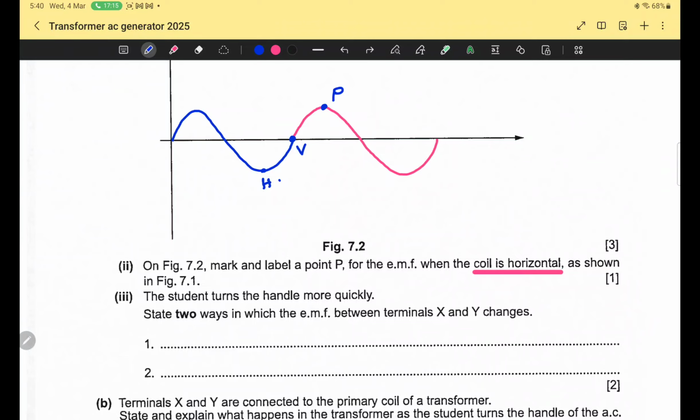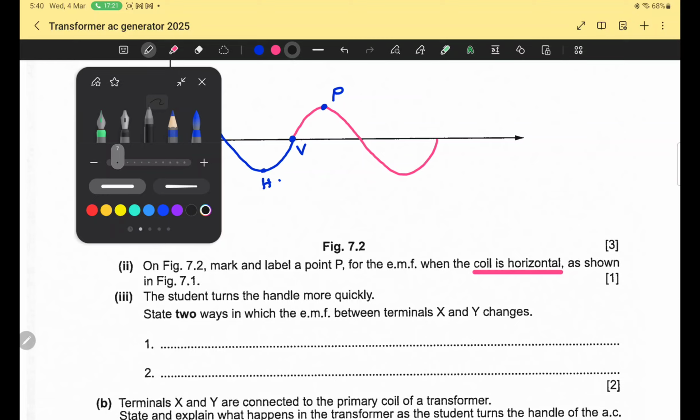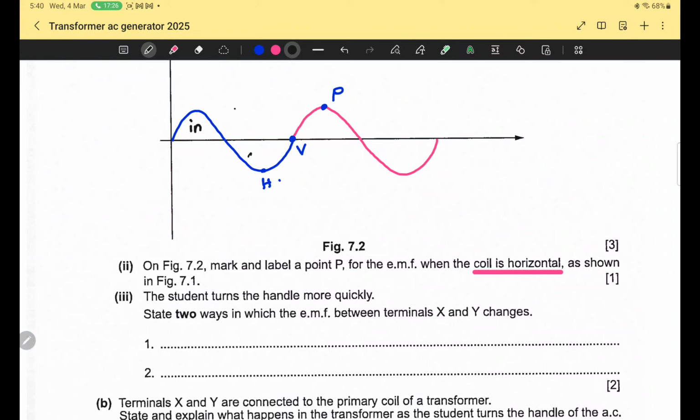When current is produced and comes into the circuit, then this is called the positive cycle of the current. And when current changes its direction, then this is the other cycle. So this is incoming current and it is opposite direction current. So below the x-axis direction is reversed, but the value of current or voltage will be maximum when the coil is horizontal.